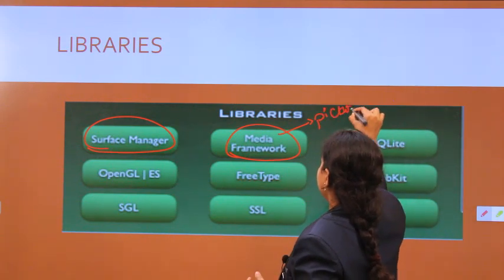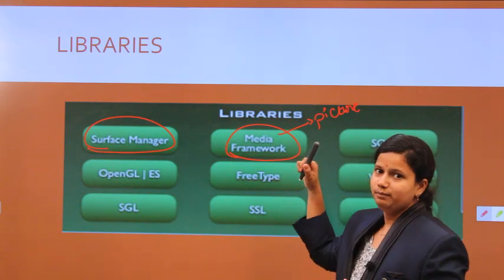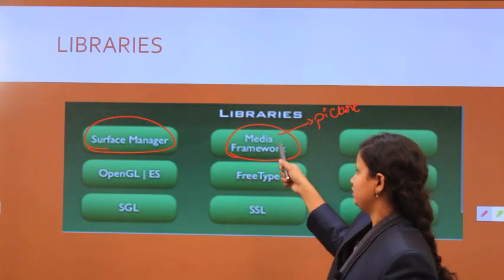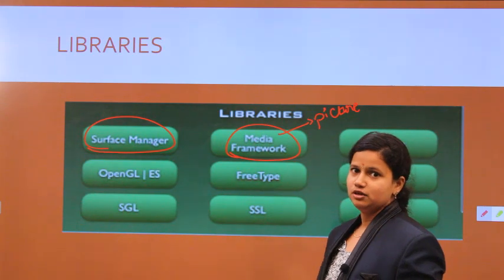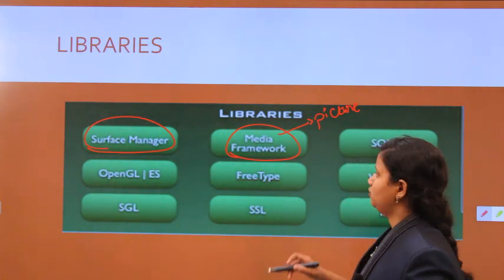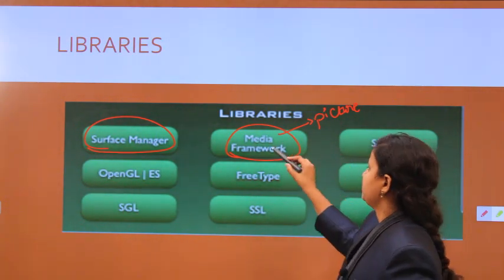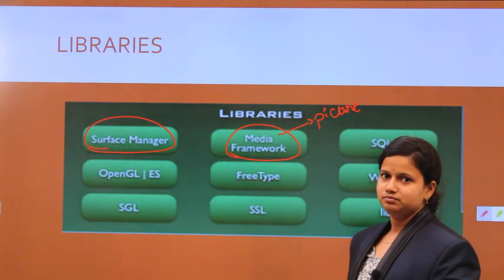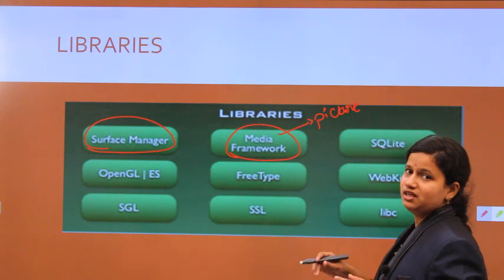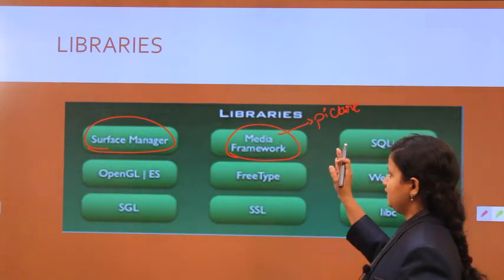Whatever media are available, that media is handled by the Media Framework. The picture quality and picture size, the media quality, those things are handled by the Media Framework library. If your application contains any type of media features, the picture quality is handled by the Media Framework.